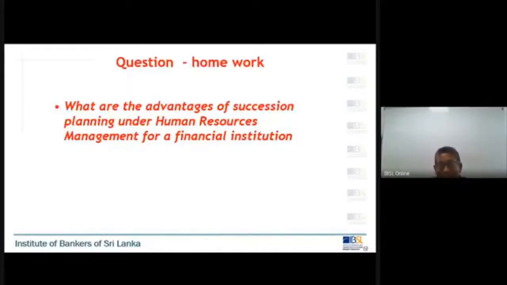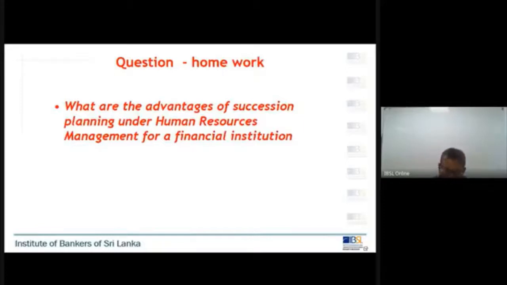What are the advantages of succession planning under human resources management for a financial institution? We discussed what a succession plan is last time. I gave you a small question. I don't know whether you answered that. How many of you have written the answer or have an idea about the answer?